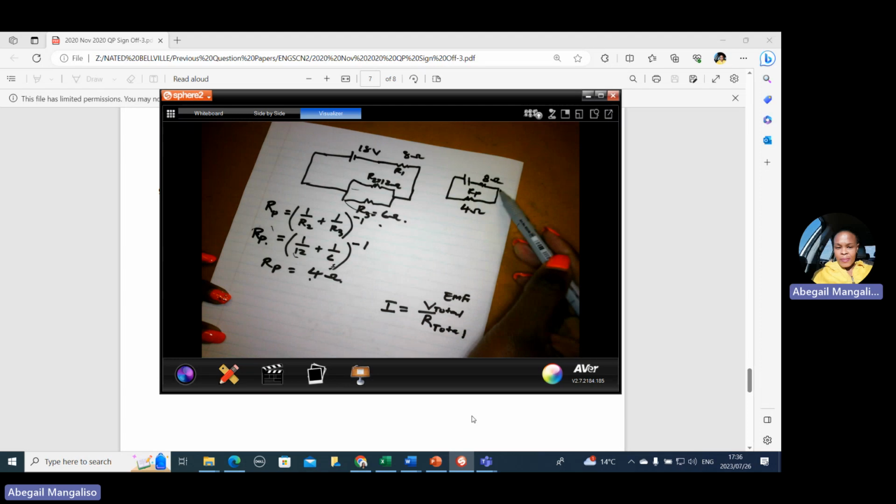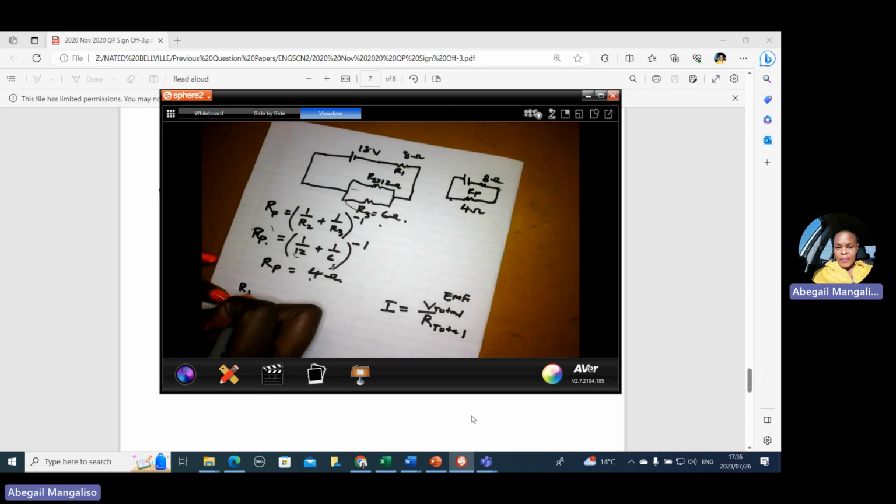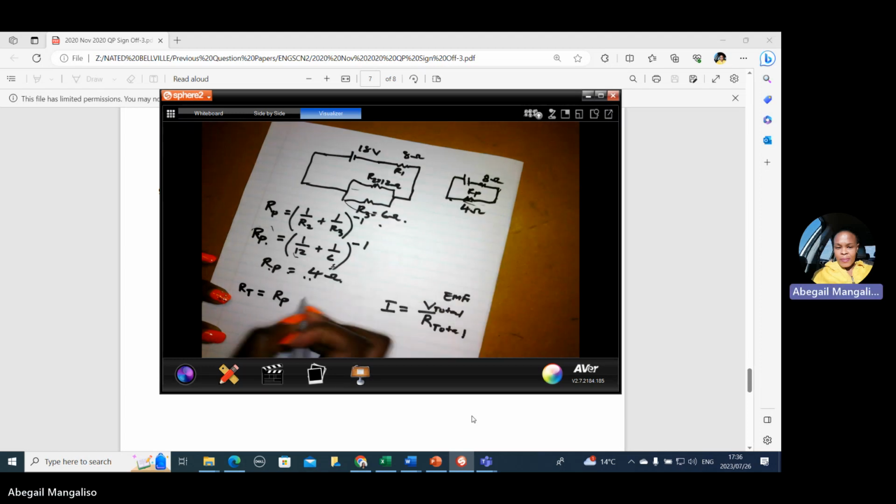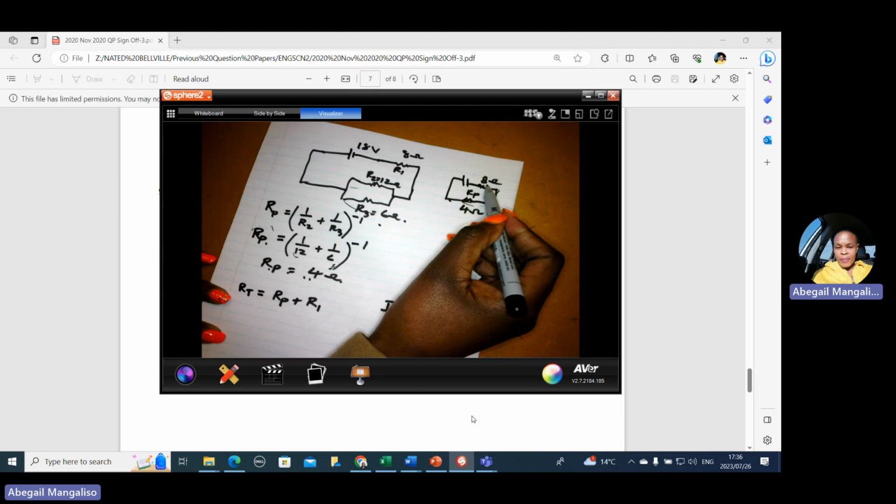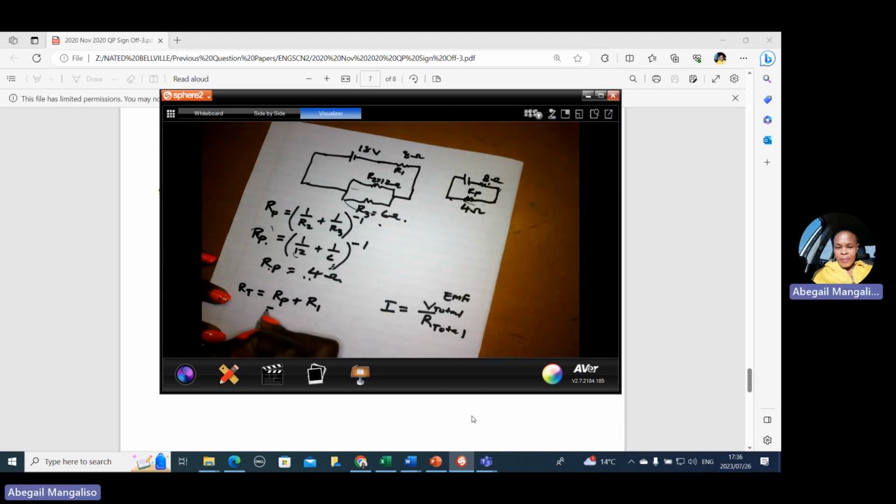Now we can calculate the total, they are series now. So the RT will be equal to R parallel, which is this 4, plus R1, the 8 is R1. So 4 plus 8 will be equal to 12 ohms.